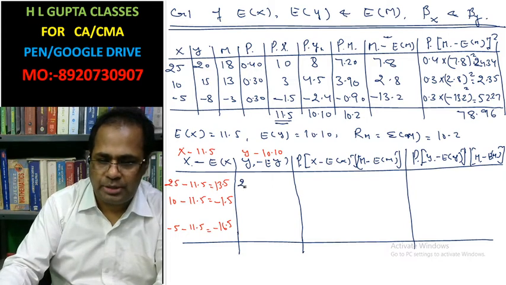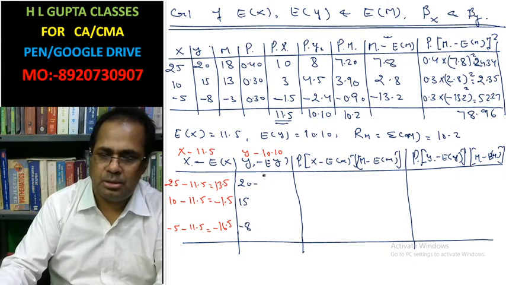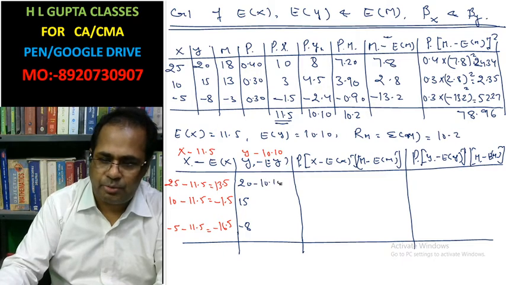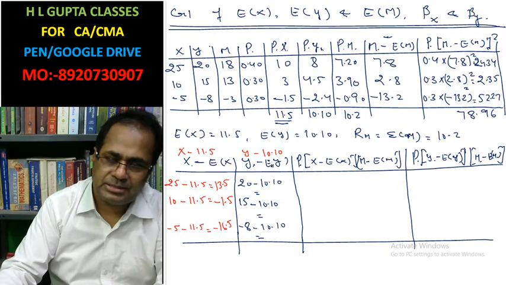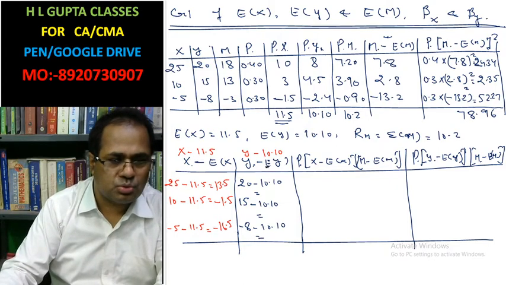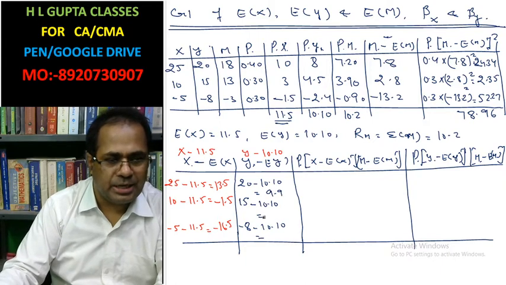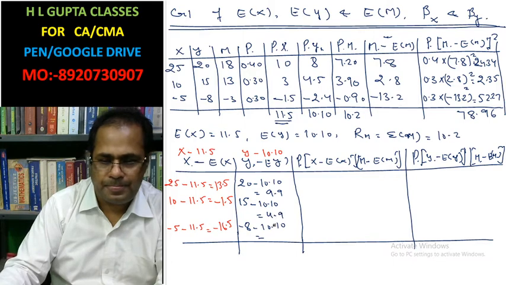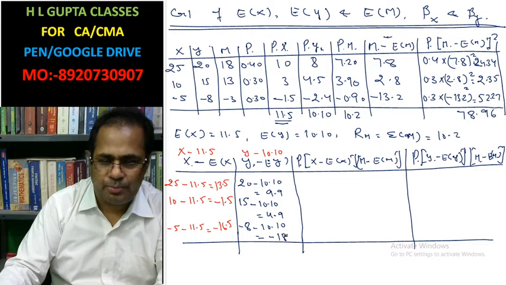This is 20, 15, minus 8 minus 10.10. In this case, what will happen? y minus y bar 9.9, this is 9.9, 4.9, this is minus 18.10.